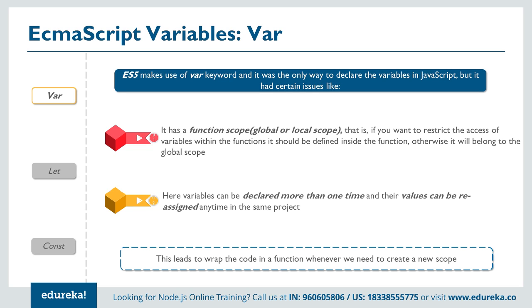So once you have declared that variable x equal to 10, try this. Try window.x. You would notice when a var variable is not inside any function scope and is declared in the global scope, it automatically becomes a property of the global window object. Try it out. This leads to wrapping the code in a function whenever we need to create a new scope.